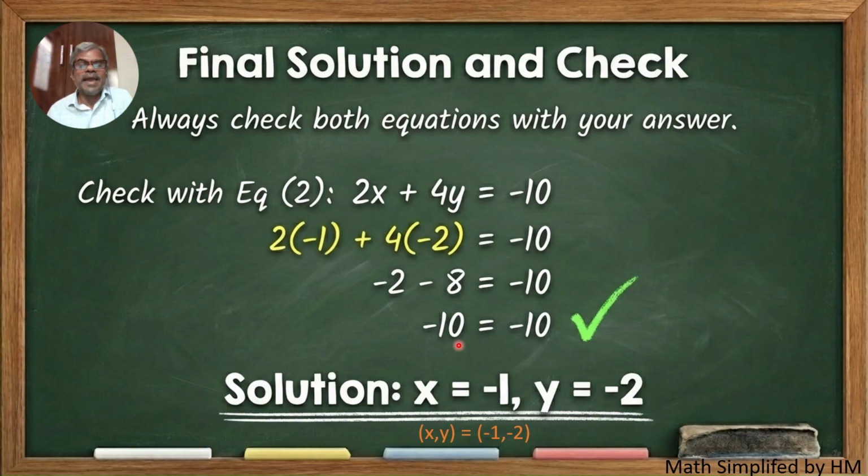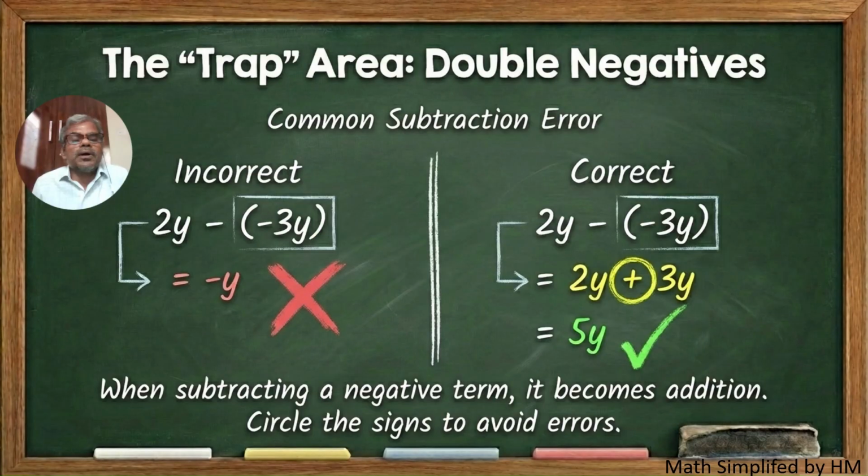Solving, we get minus 10 is equal to minus 10, which is the perfect match. Thus, we get the solution x is equal to minus 1 and y is equal to minus 2, and we write it as (x, y) is equal to (minus 1, minus 2).